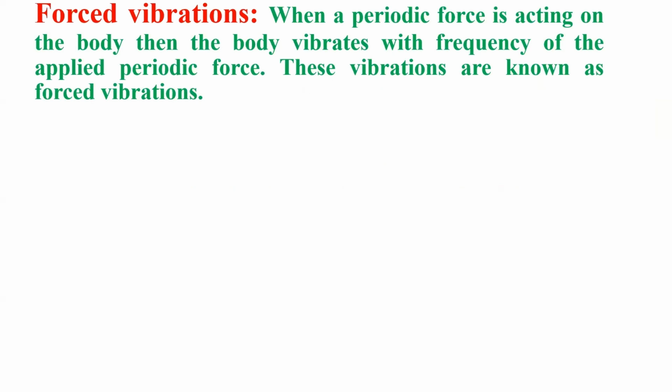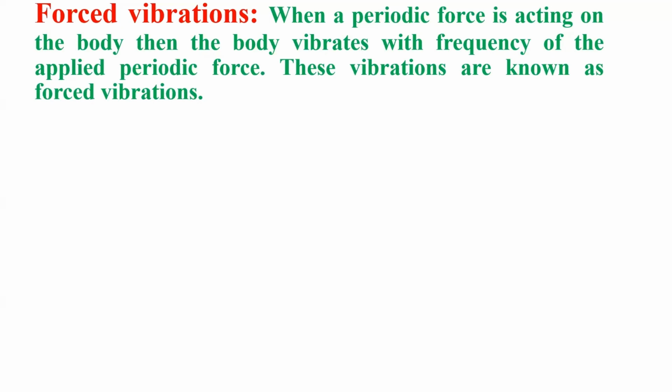If you are applying a periodic force, for example F sin pt, why do we express it this way? If the force is not varying with time, we can express it as F. If it is varying with time, we have to write it as a function of time.